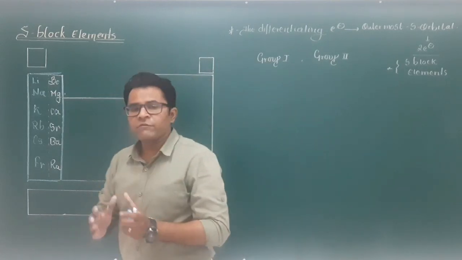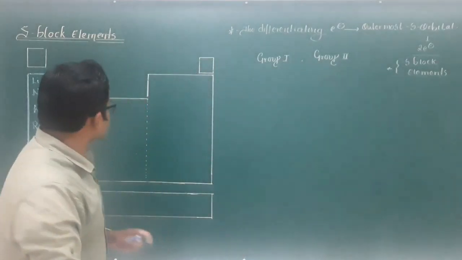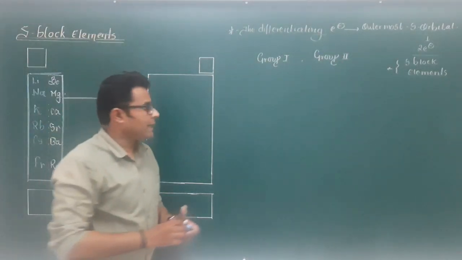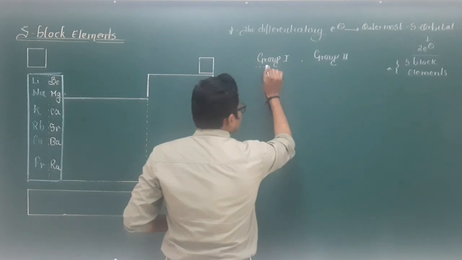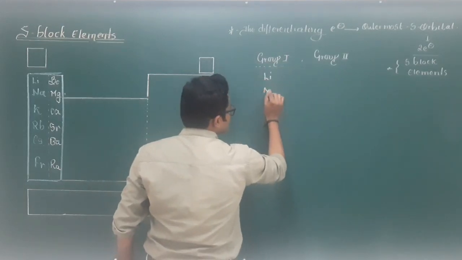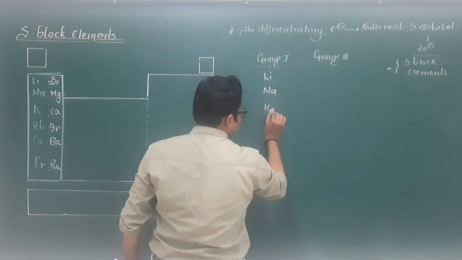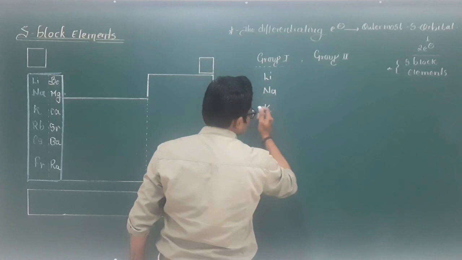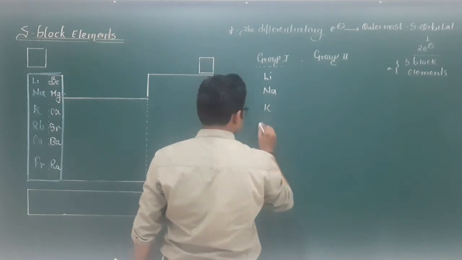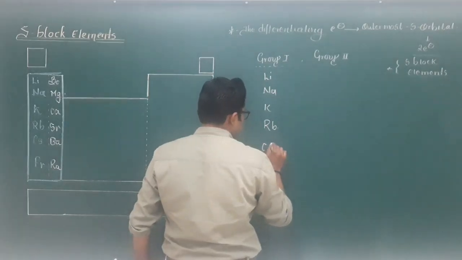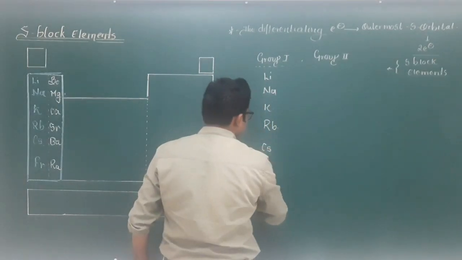For today we are going to strictly discuss only group 1A. The elements are lithium, sodium, potassium, rubidium and cesium.